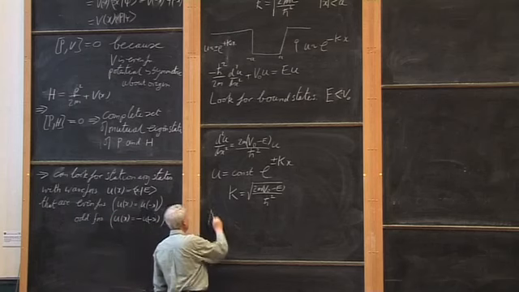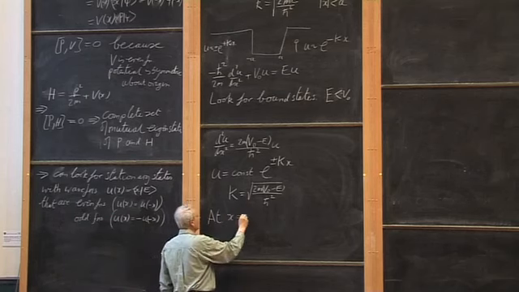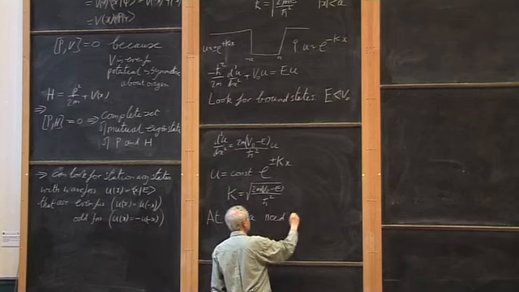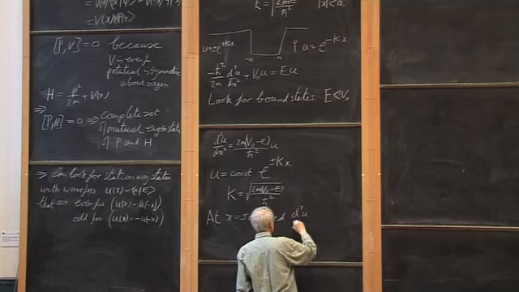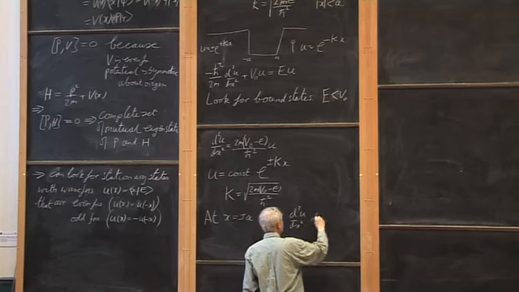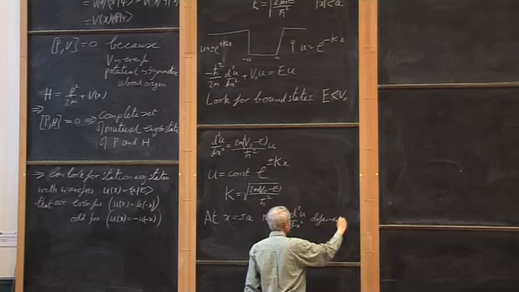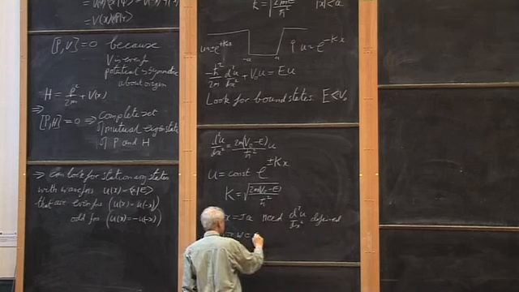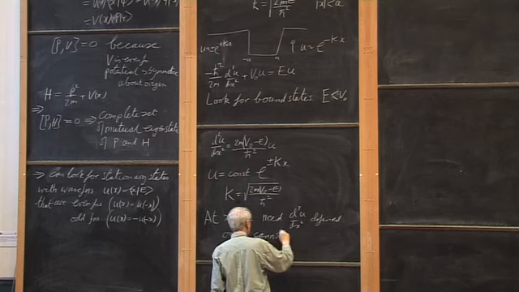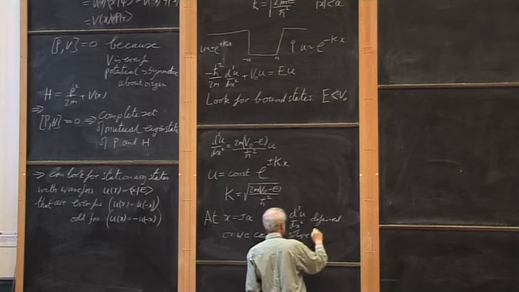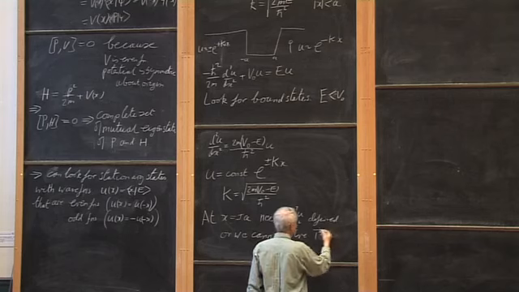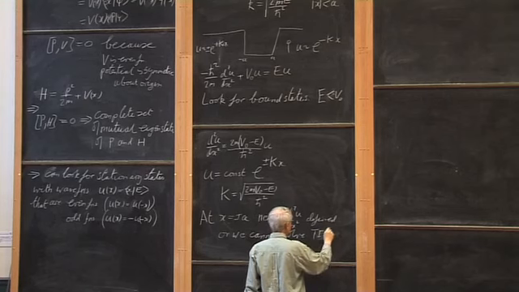So what we can say is that at x equals plus or minus a, we need that d2u by dx squared is defined, or we can't satisfy the time-independent Schrödinger equation there.